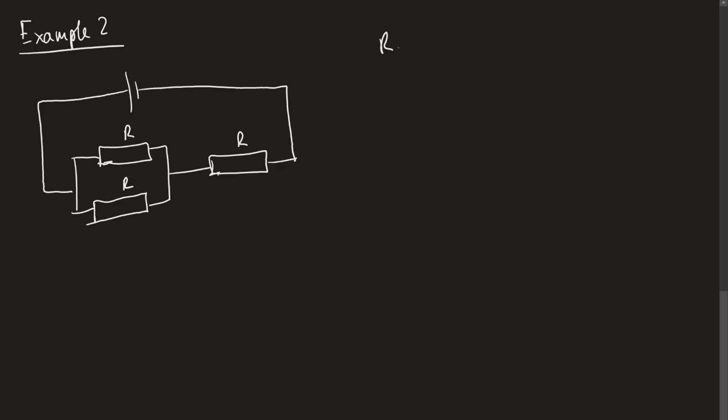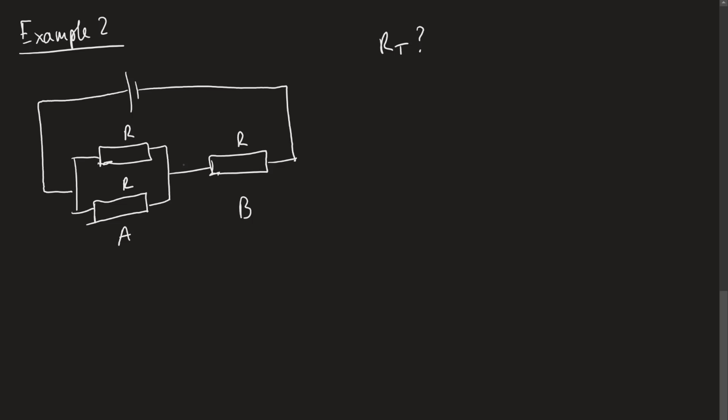But again, let's work out the total resistance. What we need to know here, I'm going to call this whole parallel combination A, and this resistor by itself is going to be B. Now naming these A and B is not something you have to do.